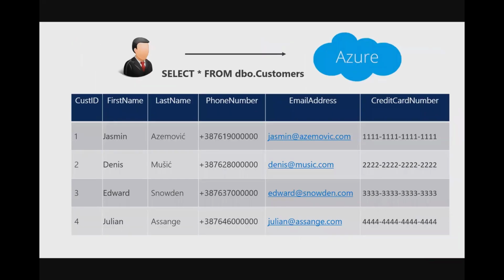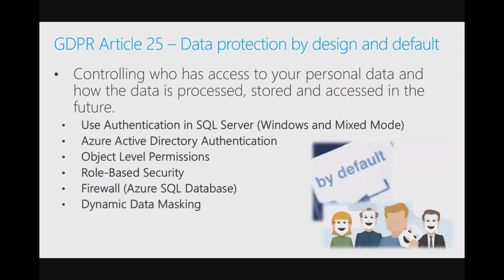Just as an illustration, this is what dynamic data masking actually means, and I will show you a later demo. From my perspective, on the user level, imagine you have a user on one level of the system who needs to see some user data that can be classified as private.